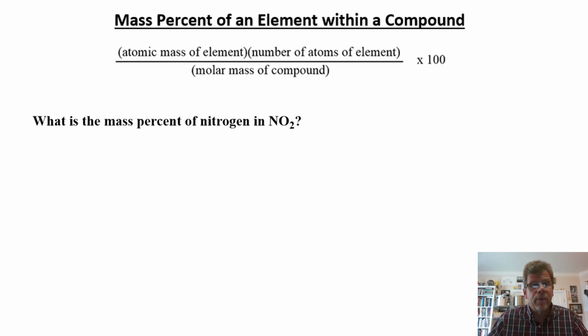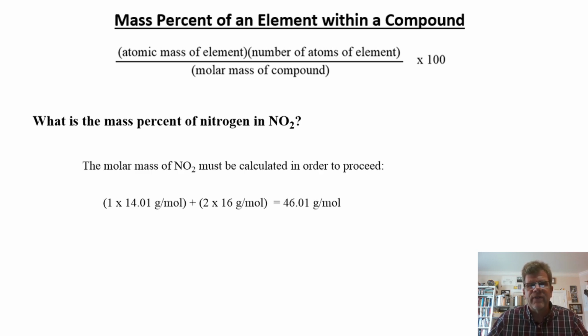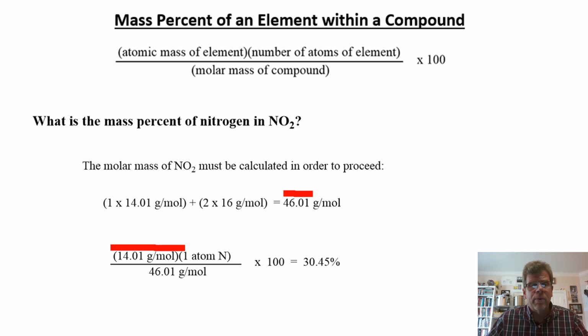So here's another example. What is the mass percent of nitrogen in NO2? This is ostensibly a simpler one than before. Well, we have to find the molar mass of NO2, 1 times the atomic mass of nitrogen, plus 2 times the atomic mass of oxygen, and that gives us our molar mass. And then we literally just plug in numbers. Well, 14.01 grams per mole, that is the atomic mass of nitrogen.